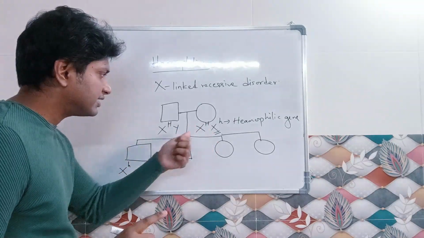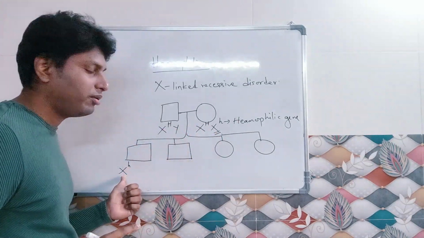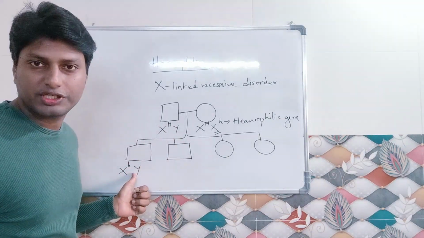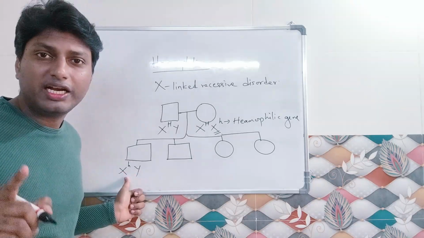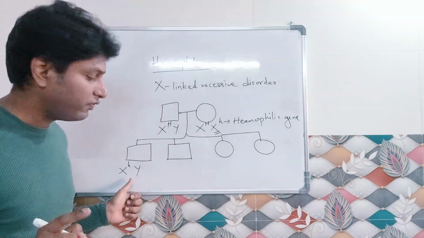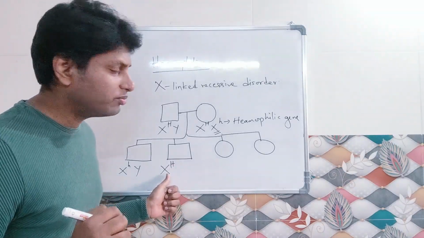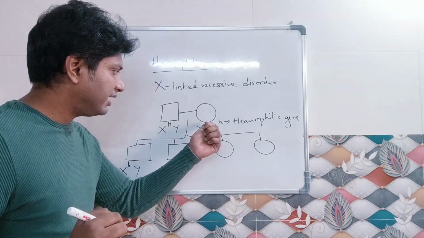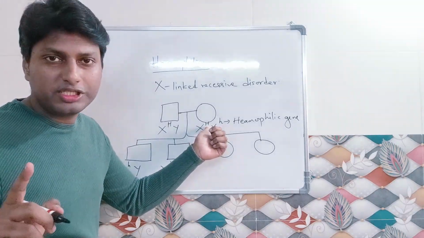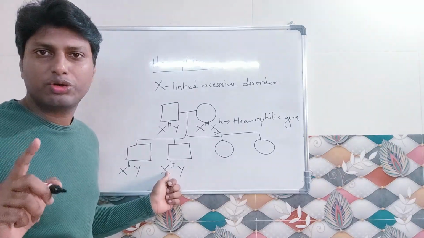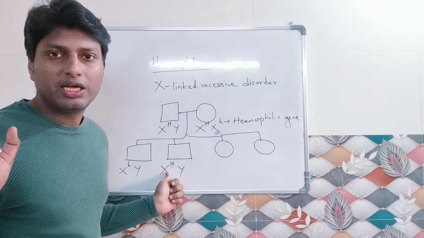So if the son is getting the hemophilic gene from the mother, and obviously the other will be a Y chromosome coming from the father, then definitely such a son can suffer from hemophilia. Now in the second son, let us assume that the son is getting a normal gene from the mother, and of course the second will be a Y chromosome. So this son is going to be an absolutely normal son.